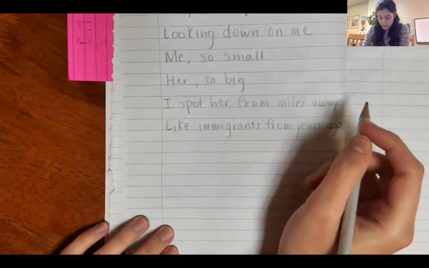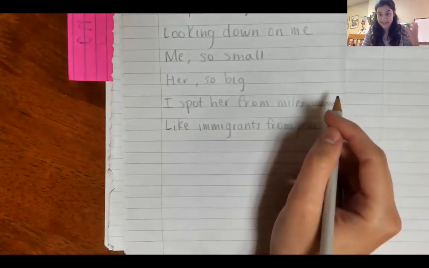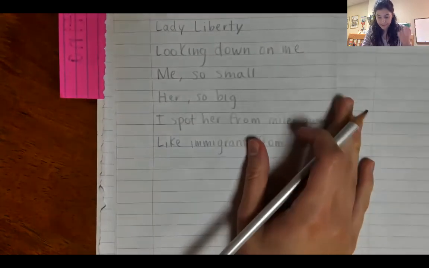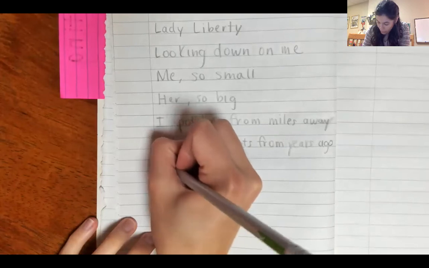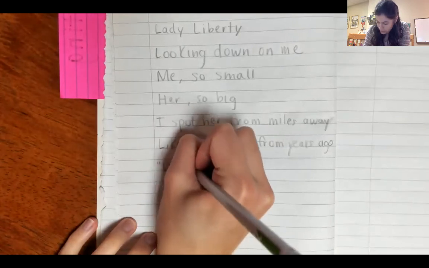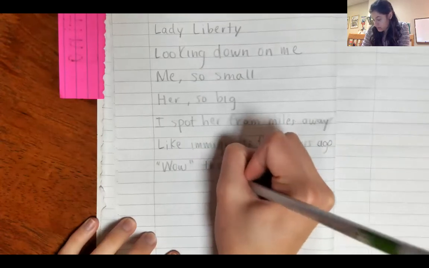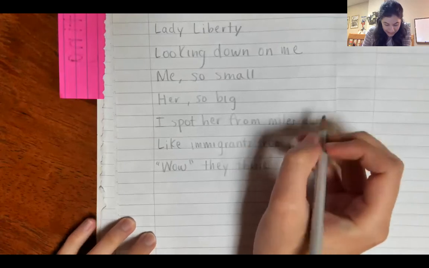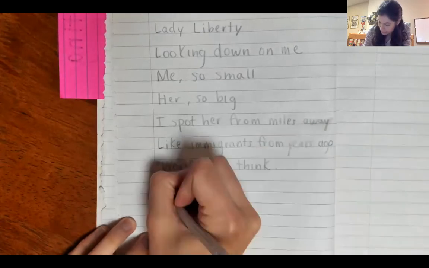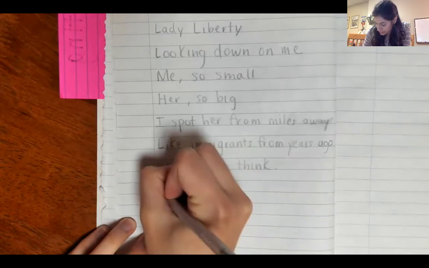And here comes the feeling that I felt when I was in that small moment of staring at Lady Liberty, at the Statue of Liberty. Like immigrants from years ago. Wow. They think, I am free. Right?